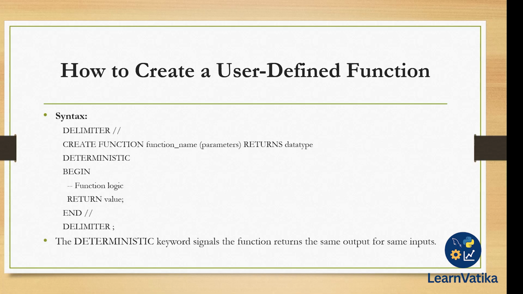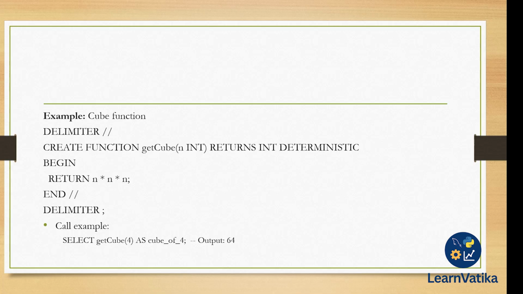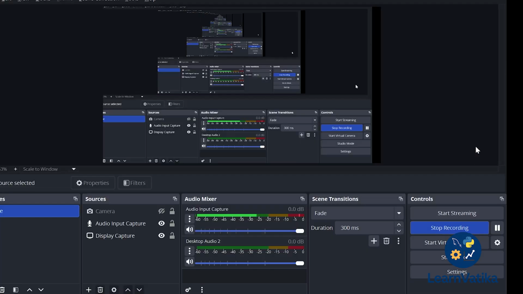Then DETERMINISTIC, and then the BEGIN and END block in which we write the custom logic. Then we have the last DELIMITER and then a semicolon. The DETERMINISTIC keyword signals that the function returns the same output for the same input.